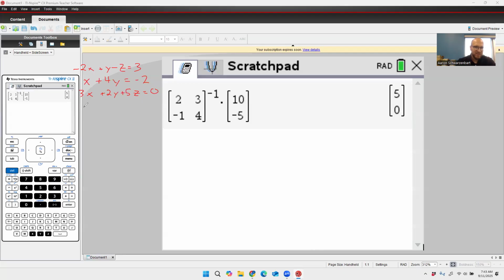Now, yes, I theoretically could do this by hand, but I don't want to. So I'm going to write it into the matrix. There's a 0 here since it's missing.